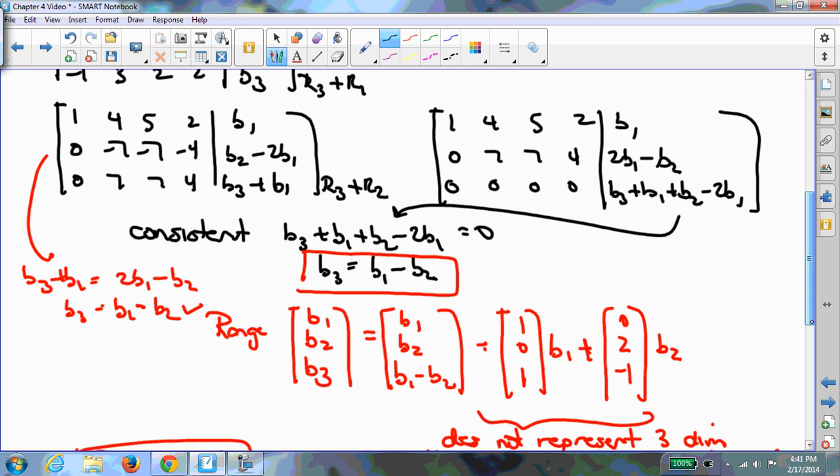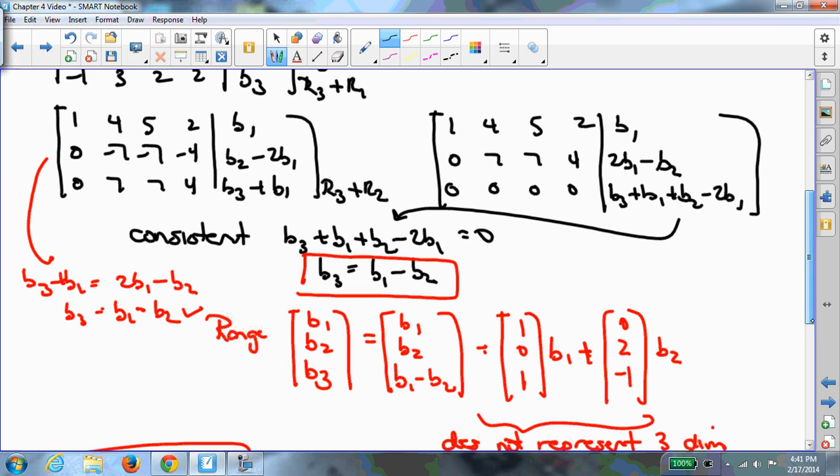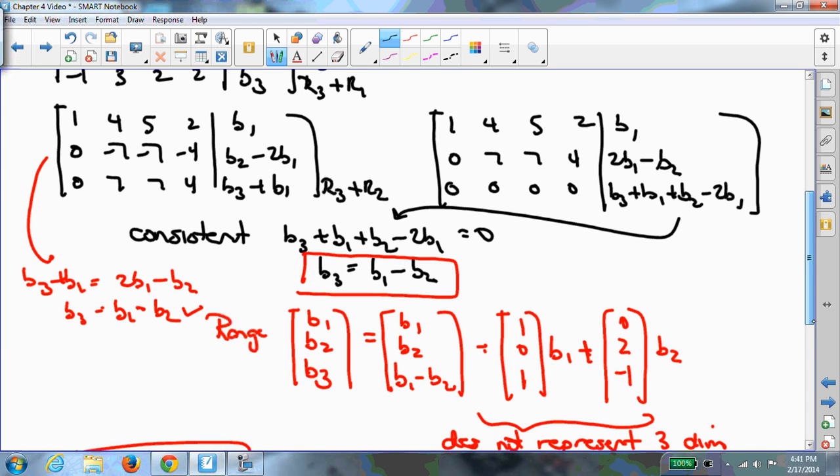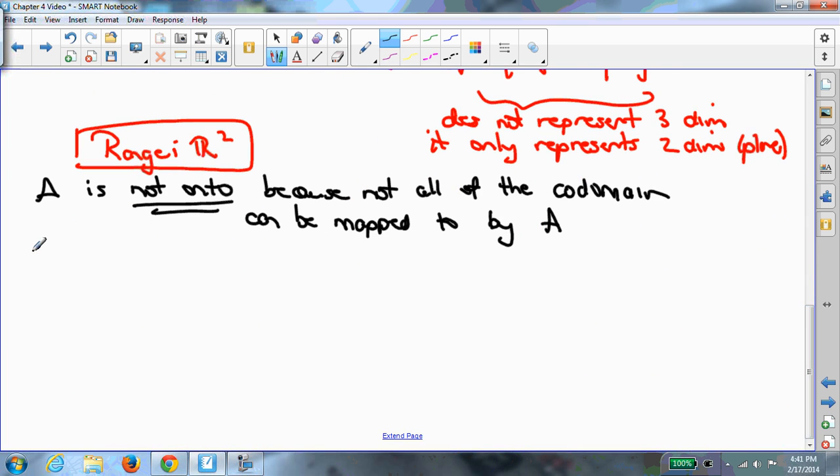So going back to my RREF, 1, 4, 5, 2, 0, 7, 7, 4. Let me write it down here. And the result is I have b1, I have b2 minus 2b1.